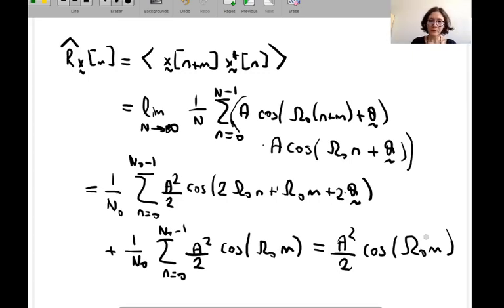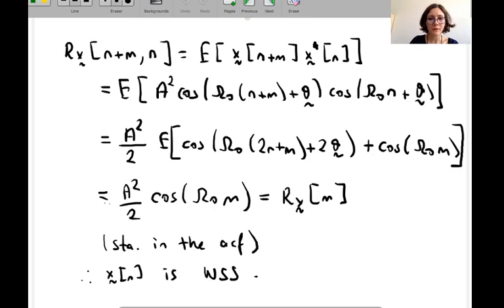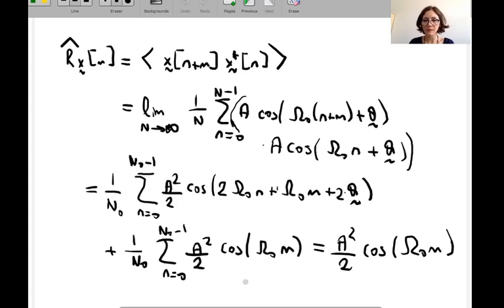Okay, now this was the time average estimate of the autocorrelation function. Now to find out whether the process is ergodic or not, we should compare this expression to the true autocorrelation function. But the autocorrelation function was found here as a squared over 2 cosine omega 0 m. Now comparing the expressions, we see that we have the same expression.